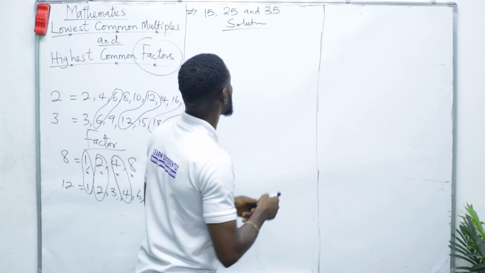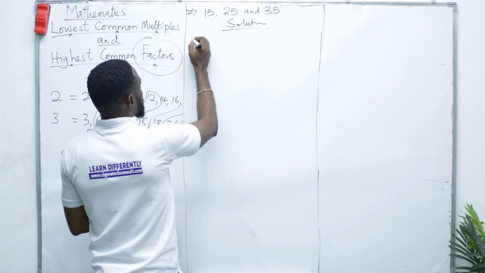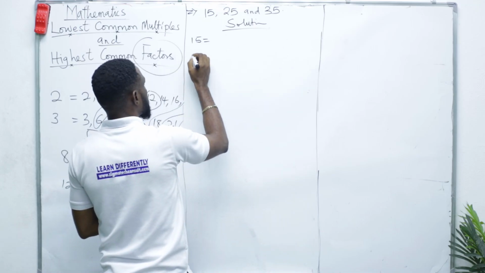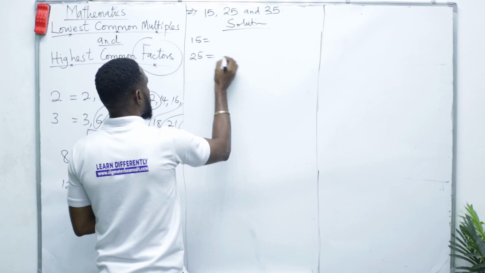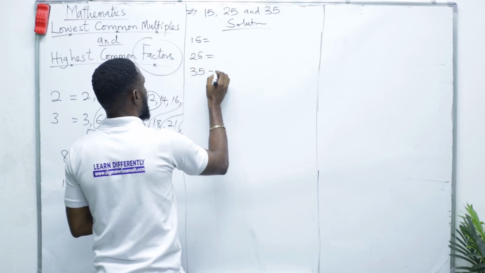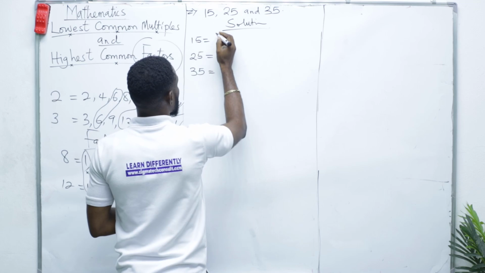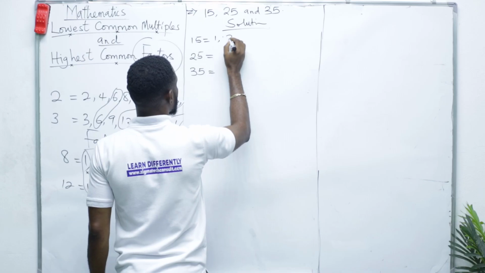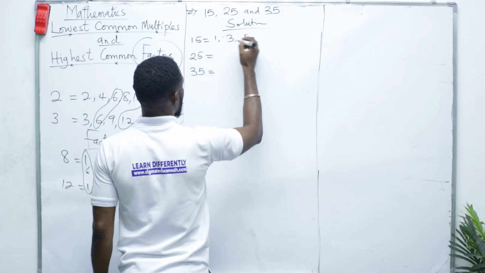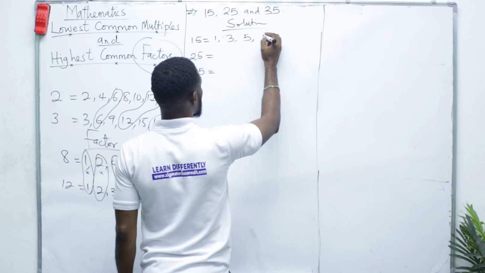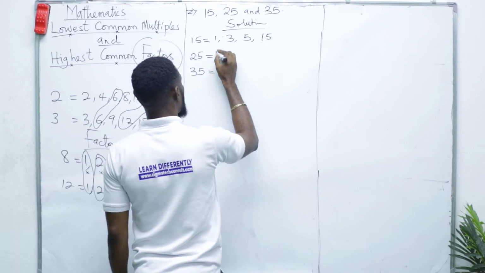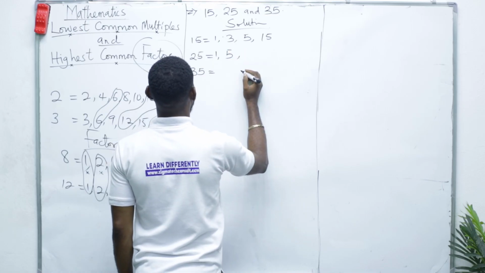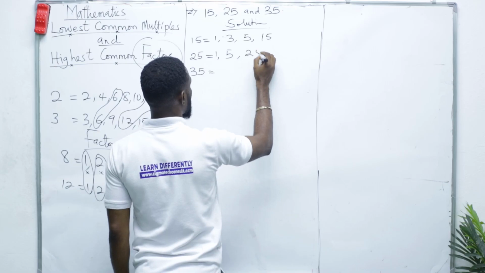Now, you can either list out all the factors of 15 there, 25, all the factors, 35, all the factors. Now, 1 is a factor here, 3 is a factor here, 5 is a factor here, and the next number that is a factor is 15. Then here, 1 is a factor, 5 is a factor, the next factor is 25.